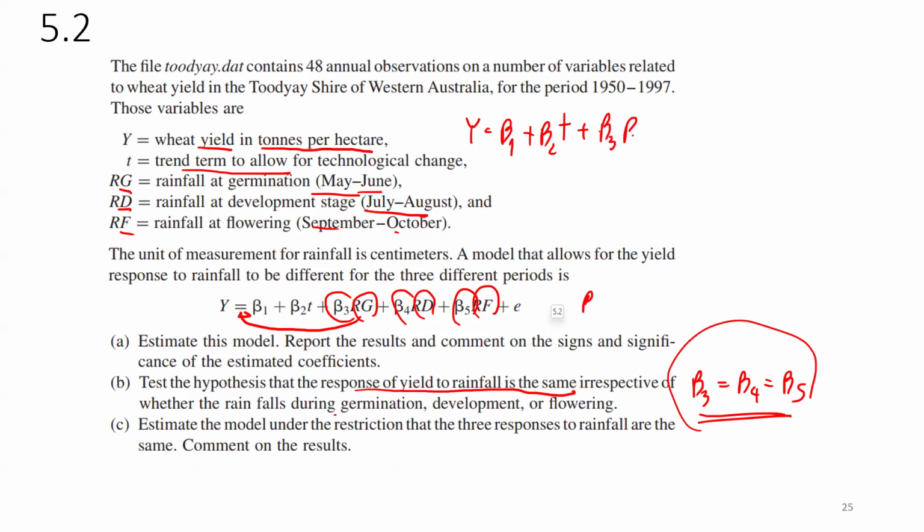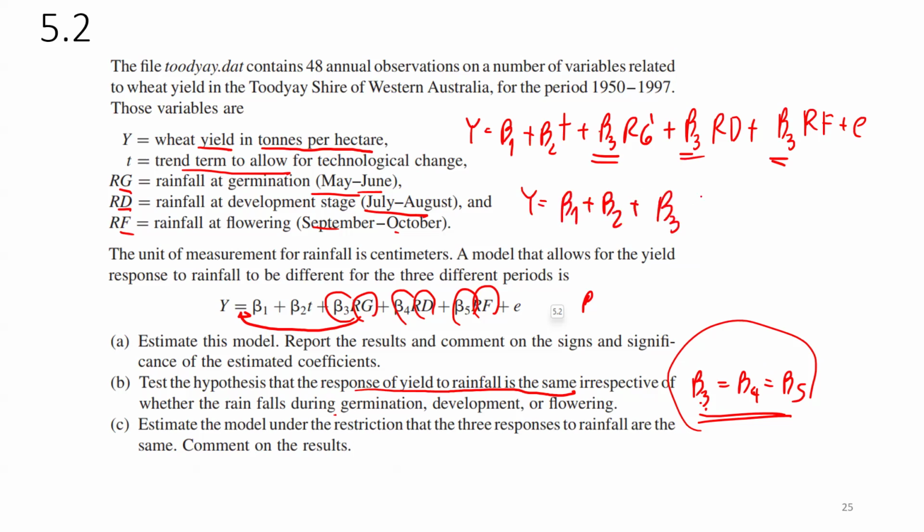So beta 3 RG plus, since beta 4 equals beta 3, I will write beta 3 again, RD, plus beta 5 equals beta 3, so I write beta 3 again, RF. And then since the beta 3 are all the same, I can group the variables to be beta 3 times RG plus RD plus RF, right?